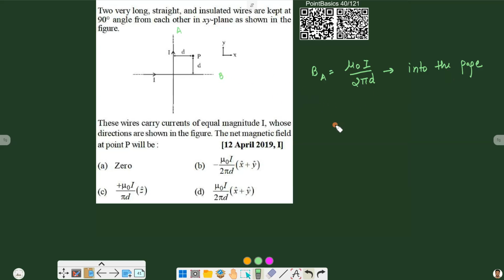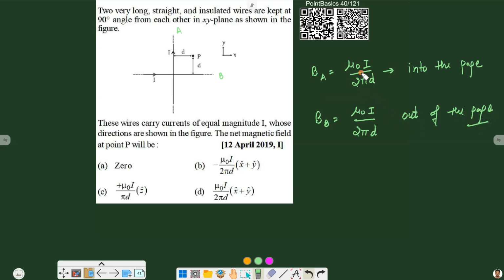Now doing similar for wire B, as all the variables are the same, the value of the field will be the same. We only have to find the direction, and according to the right hand screw rule, as current is moving from left to right, this field at point P will be out of the page.